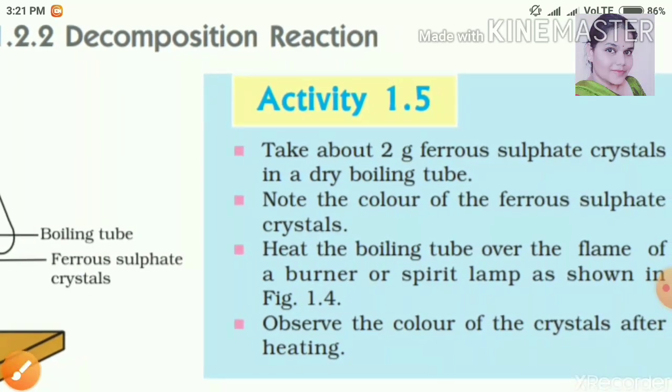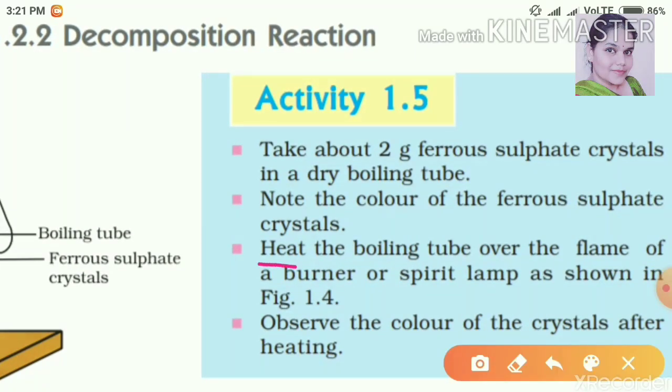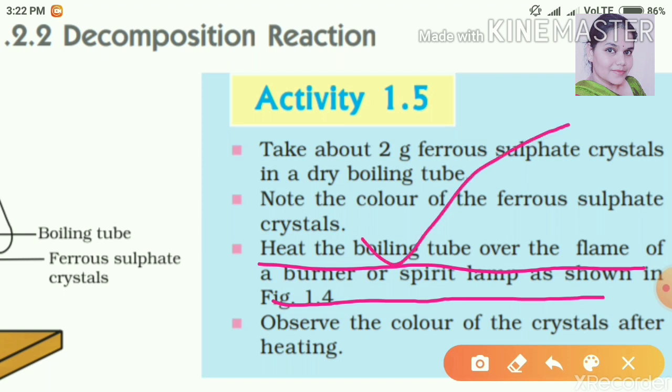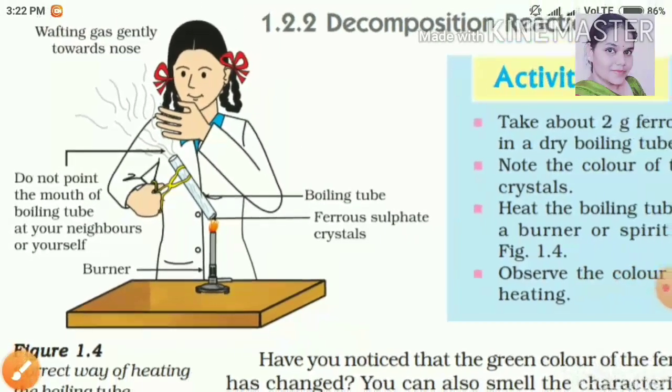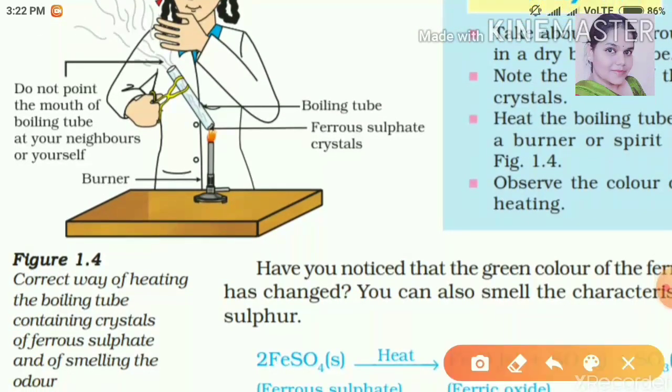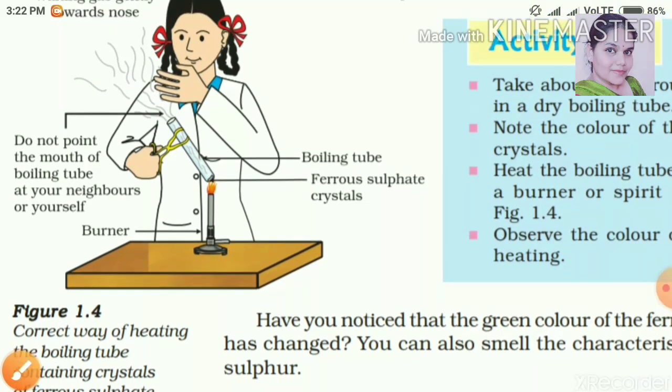Then we have to heat the boiling tube over the flame of a burner or spirit lamp as shown in figure 1.4, and after heating we have to observe the color of the crystals. Now look at the diagram. In this image, figure 1.4, they have shown a student wearing a lab coat.